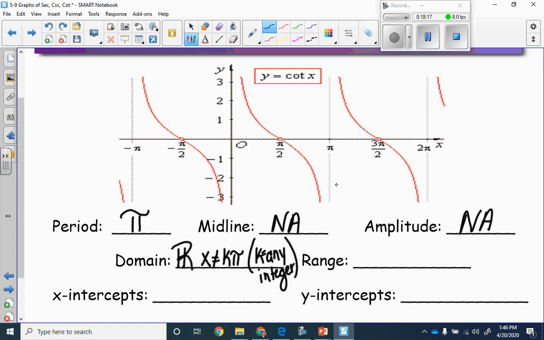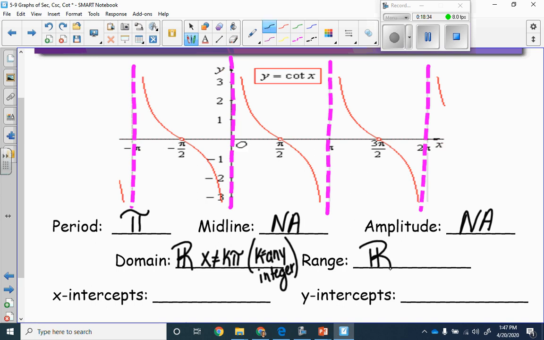So that is where your vertical asymptotes are getting put into play here. So at 1 pi, 2 pi, 3 pi, negative pi, and at 0 pi, that is where all your asymptotes are. Our range is going to include all real numbers.